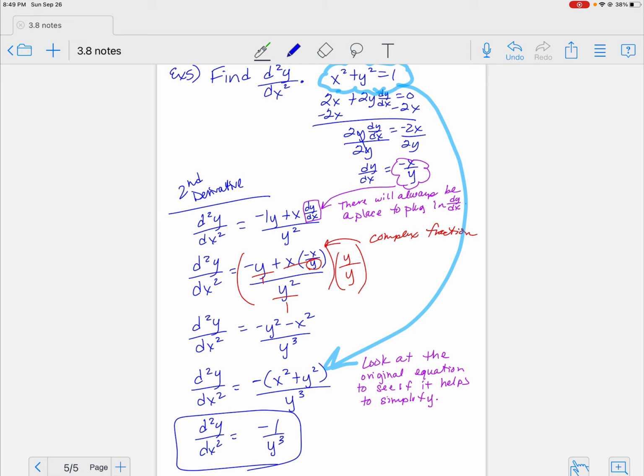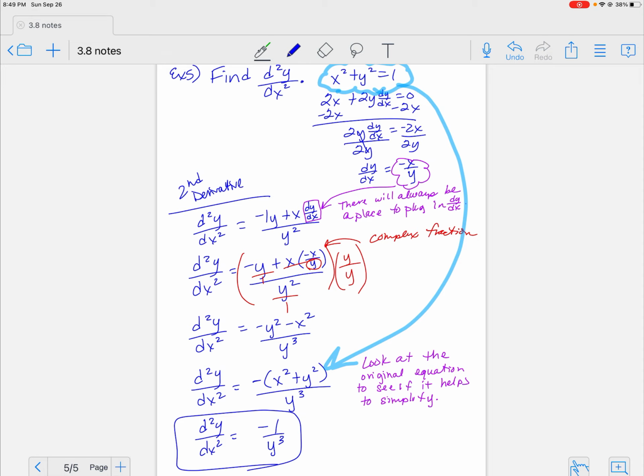Then, most of the time, not every single time, when you do a second derivative with implicit, you can simplify it and see what you have from the original. If this equals 1, then you can replace it with a 1. Super cool, right? Yes, I think so too.